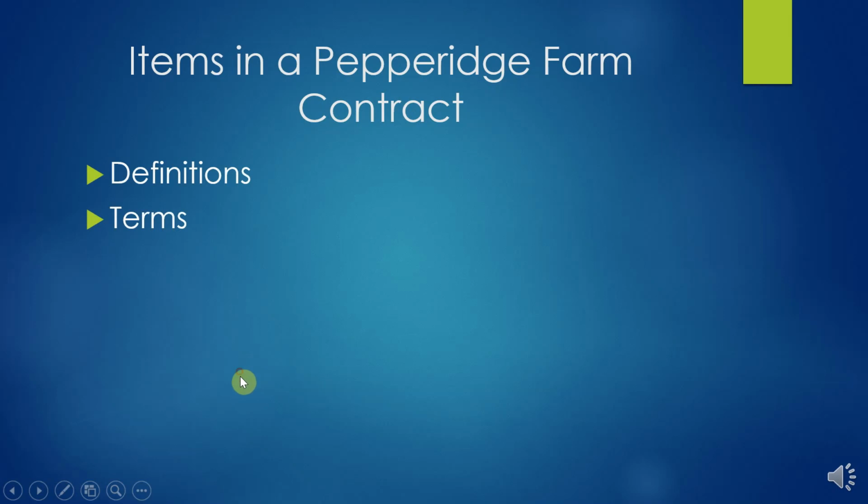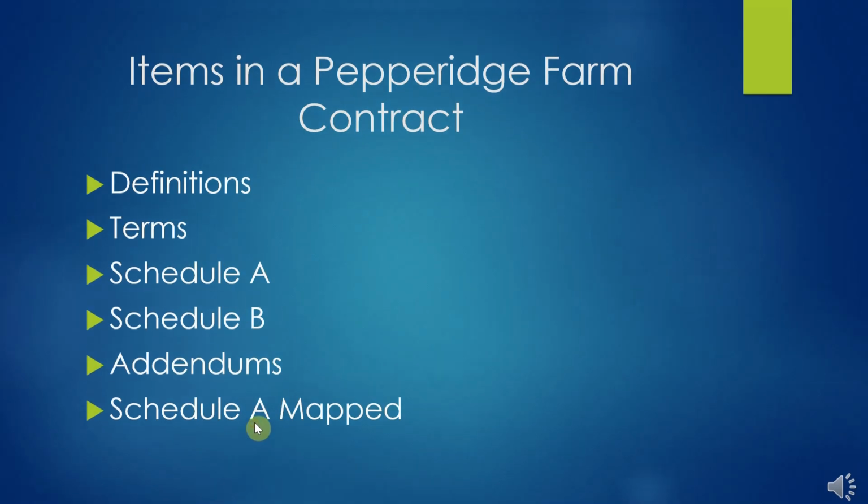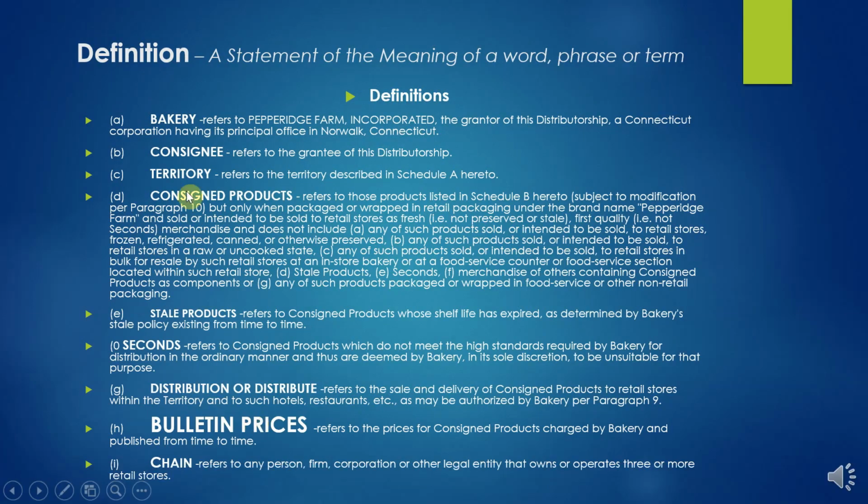Definitions, terms, Schedule A, Schedule B, addendums, and then Schedule A mapped out. So let's take a look at definitions. We have some key definitions for bakery, consignee, territory, consigned products, stale products, seconds, distribution, bulletin prices, and chain.